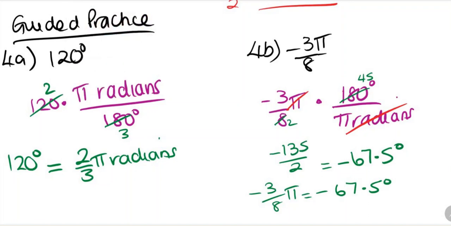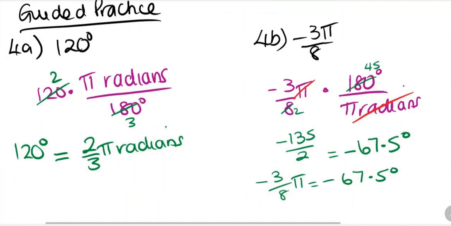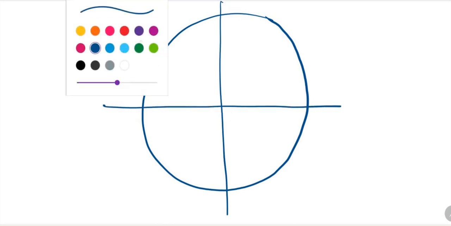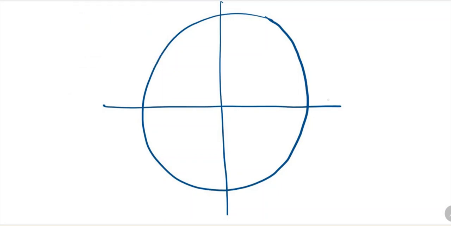Now there's a key concept for degrees and radians. I'm going to see if I can draw this. I'm going to have my circle and label it. This is my 0, my 90, my 180, and my 270.